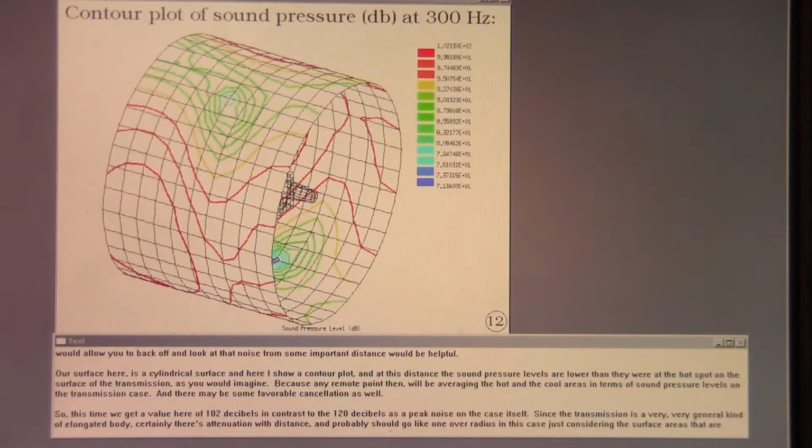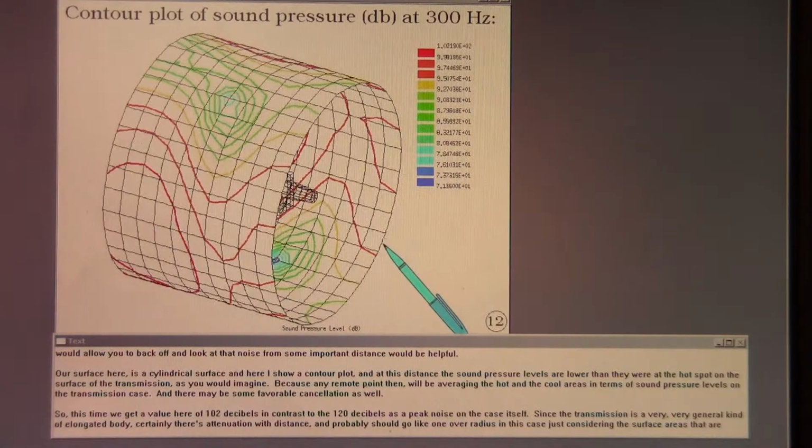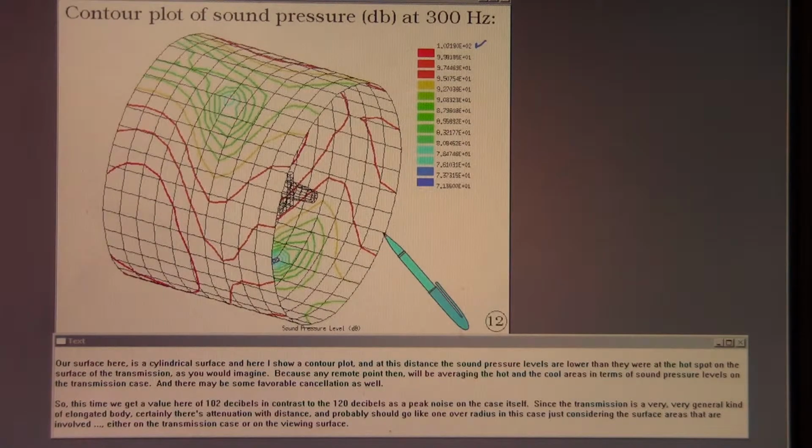Our surface here is a cylindrical surface, and here I show a contour plot, and at this distance the sound pressure levels are lower than they were at the hot spot on the surface of the transmission, as you would imagine, because any remote point then will be averaging the hot and the cool areas in terms of sound pressure levels on the transmission case, and there may be some favorable cancellation as well.